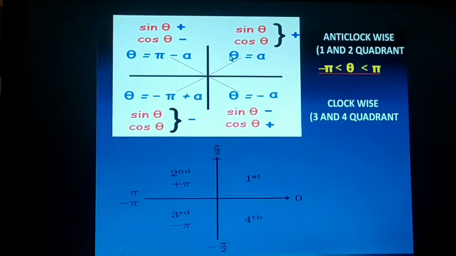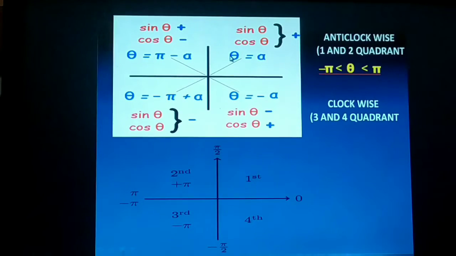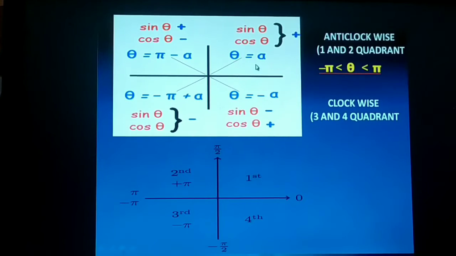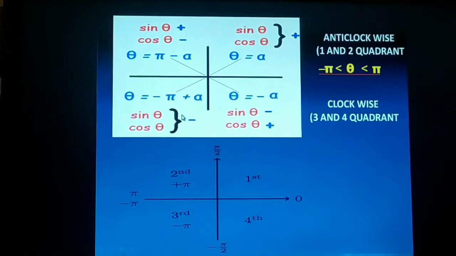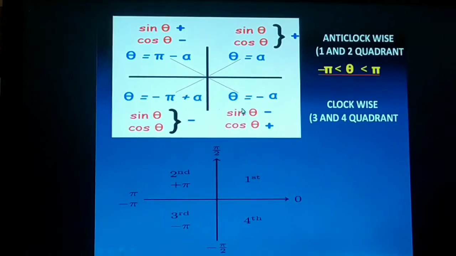So when the complex number is in the first quadrant, the formula to find theta is alpha; in the second quadrant theta is equal to pi minus alpha; in the third quadrant it is minus pi plus alpha; and in the fourth quadrant theta is equal to minus alpha.